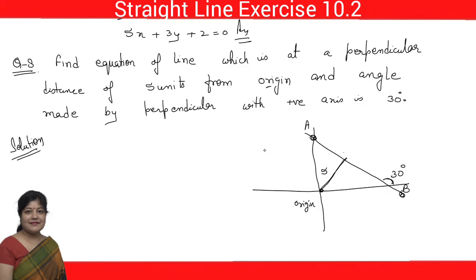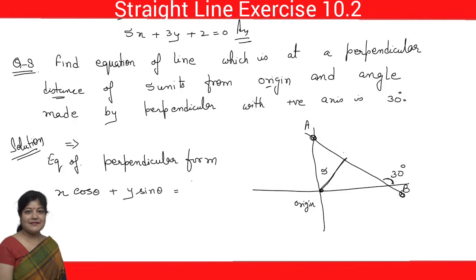So when the perpendicular distance is given, the format of the equation of the line is known as the perpendicular form. What is its format? x cos theta plus y sin theta is equal to p.